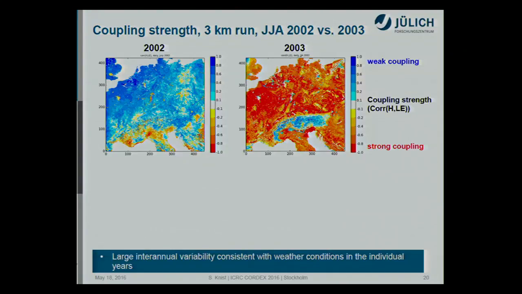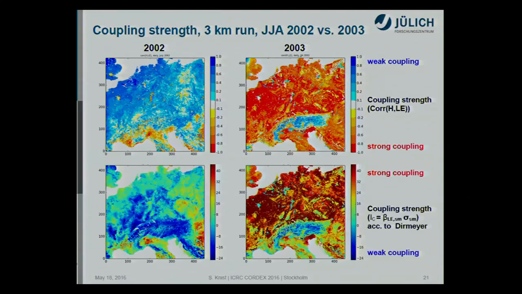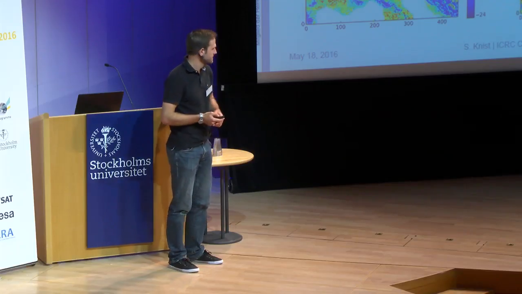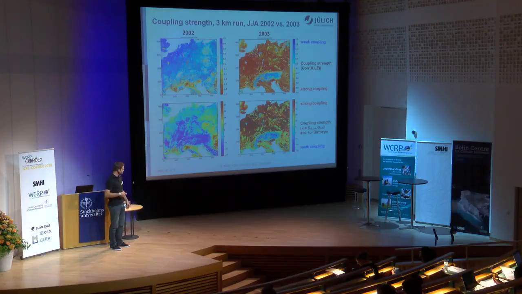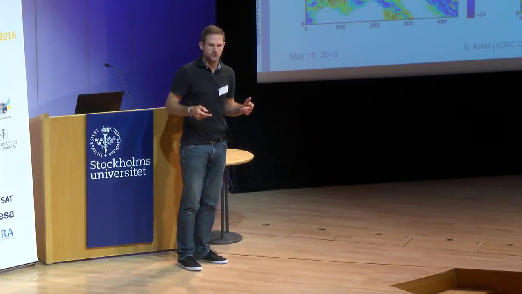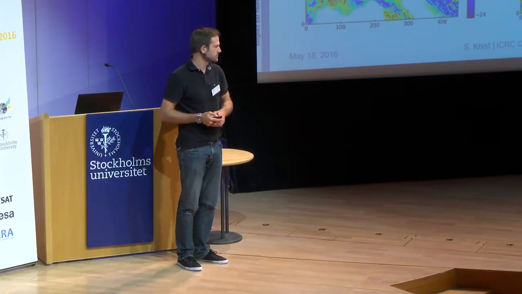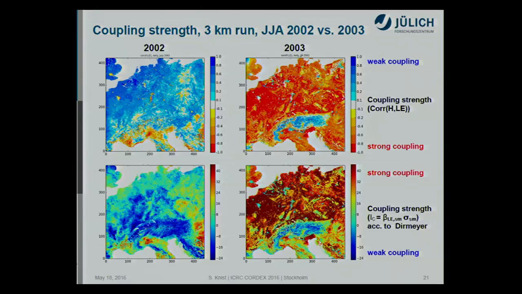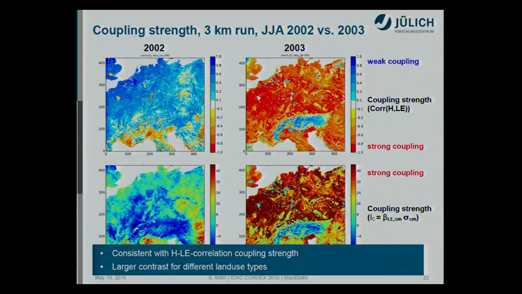And as I said, there are different ways to quantify coupling strengths. Another method, for example, also includes the soil moisture. So in this case, the standard deviation of soil moisture and the linear regression of soil moisture and latent heat flux. And this gives mainly the same picture of, for example, strong coupling in 2003 and weak coupling in 2002.